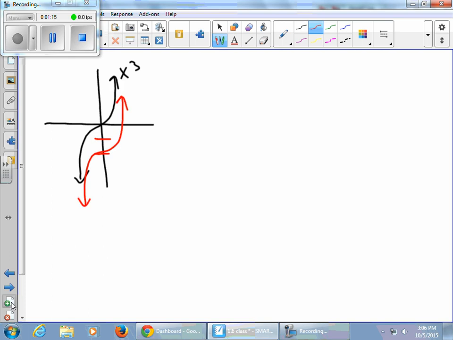Same picture. If I have x plus 4 minus 1, that is going to go left 4 and down 1. So it would be that same picture like that.